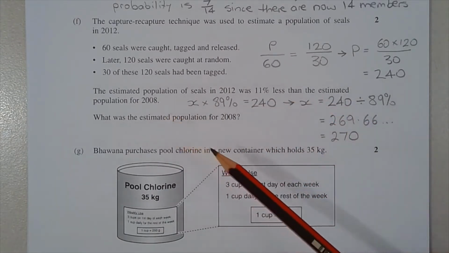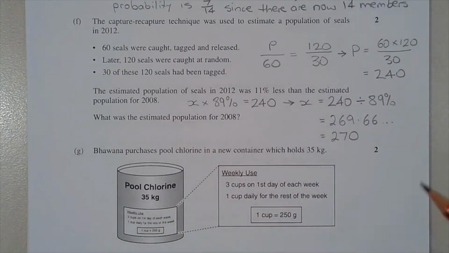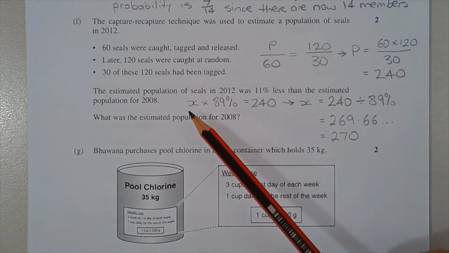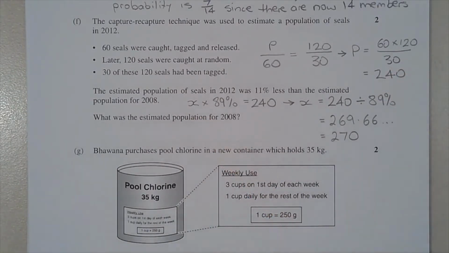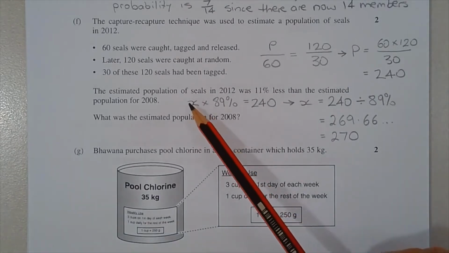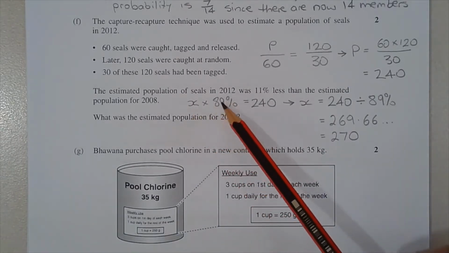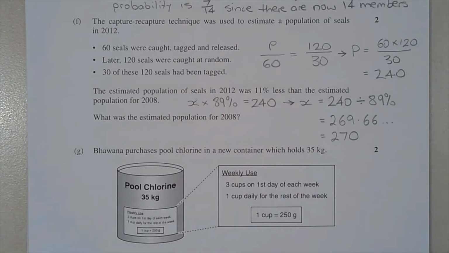Now the estimated population of seals in 2012 was 11% less than the estimated population for 2008. So that means that, going back in time, the population of seals would be higher. So we're expecting a value that's greater than 240. So let X represent the population of seals in 2008. And if we multiply that by 89%, which represents a reduction of 11%, so 100 minus 11 is equal to 89.